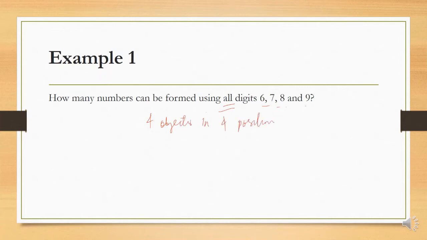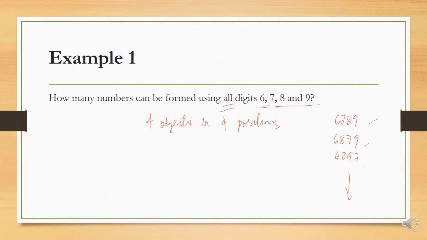Kasi nga, all, no? Lahat yan, iaayos mo. Shuffle mo lang siya. So, example, halimbawa, 6, 7, 8, 9, yung una mong count. Pwede siyang 6, 8, 7, 9. Pwede siyang 6, 8, 9, 7, etc.